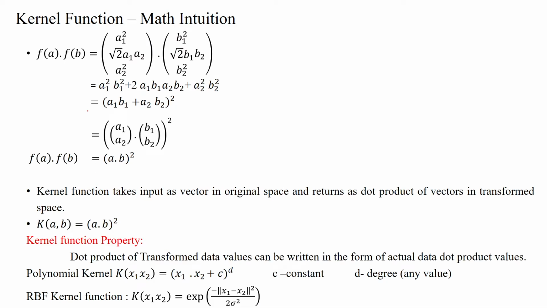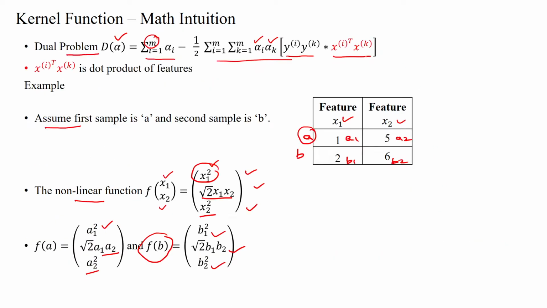Then the kernel function has the property that the dot product of transformed data values can be written in the form of actual data dot product values. That's what we have given here, the dot product of given features.